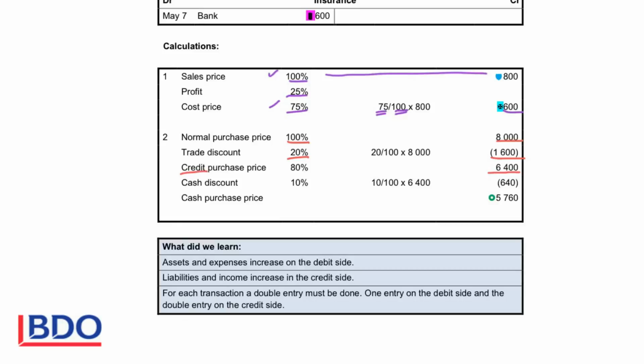Because they said that we will pay for it immediately because we issued a check, it means that we get an additional 10% discount on the 6,400 because that is our actual purchase price. And we deduct the 640 and that will give us the cash purchase price of 5,760.